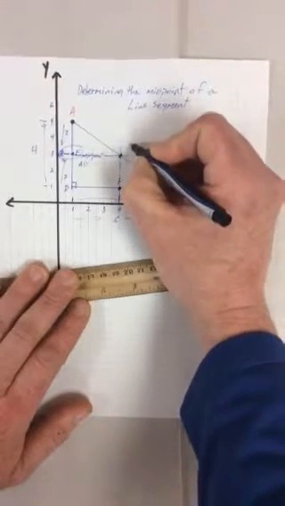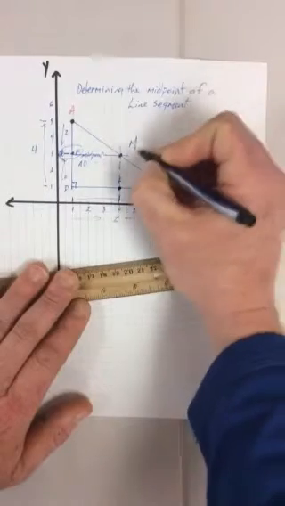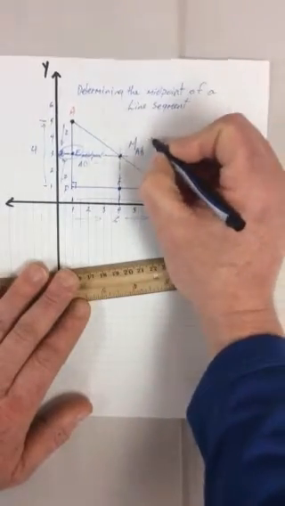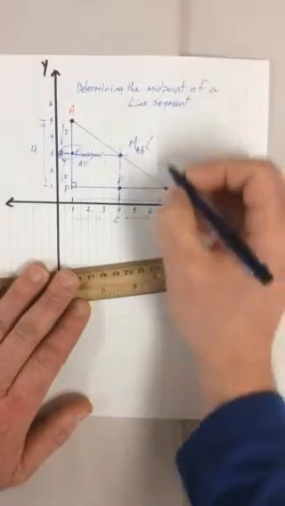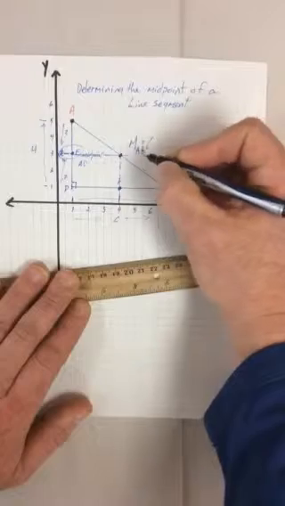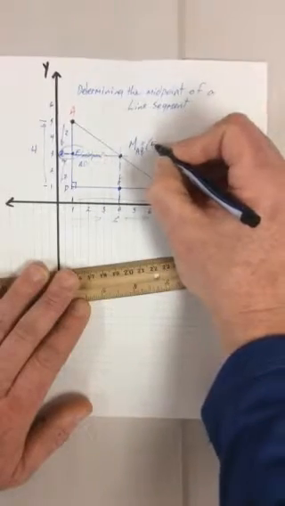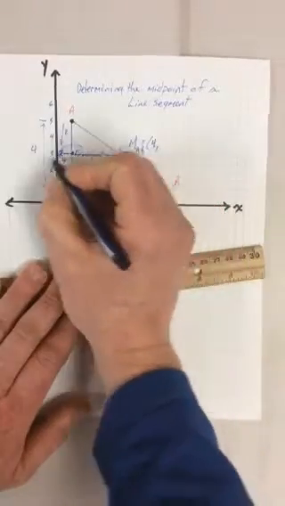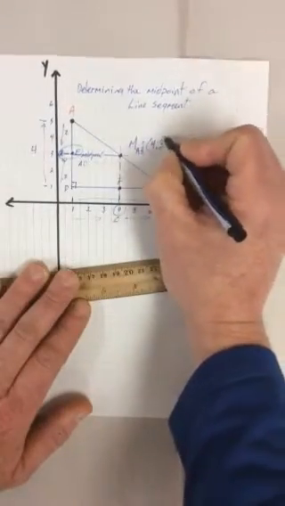And we're going to call that capital M, AB. And this point is the midpoint of AB. So the midpoint of AB is equal to, the x value is 4, right there, and the y value is 3.